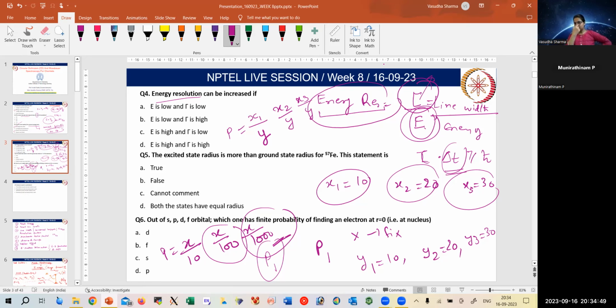Just see the formula also. If energy is in the denominator, the way we did 10, 100, and 1,000, if more energy is there, your actual value, the energy resolution, would be lesser because you are keeping it in the denominator. Okay, ma'am. Tau is high, E is low. B option, ma'am. B option.